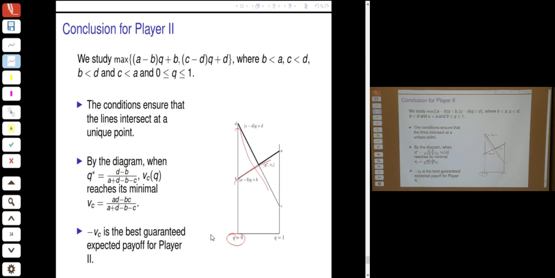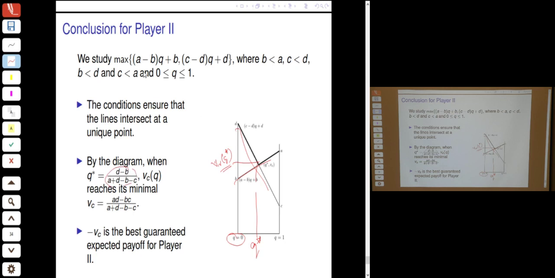So they must have intersected somewhere in between, and this point gives you the optimal value of Q, which is Q star, and the best value of the game for player 2, which is V_R of Q star.